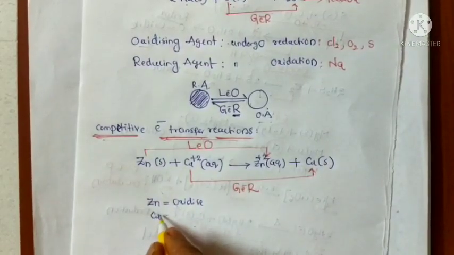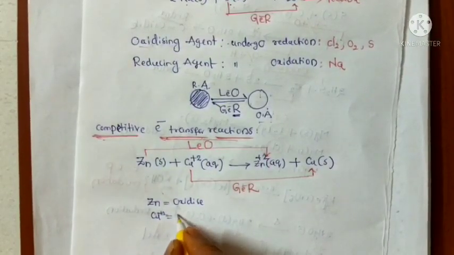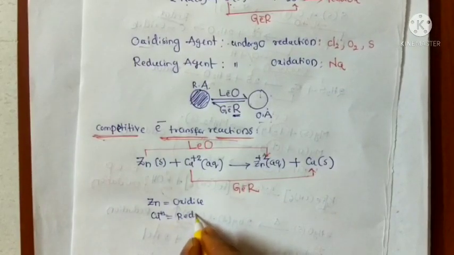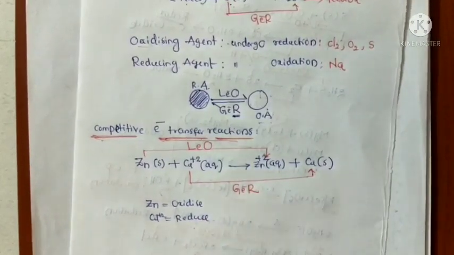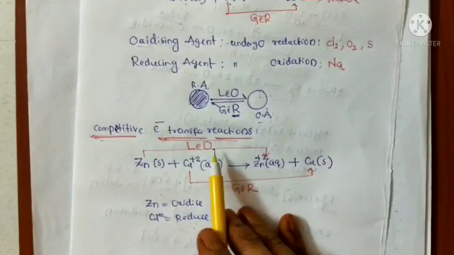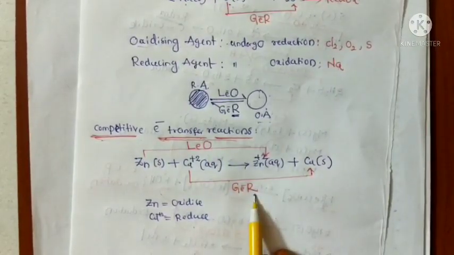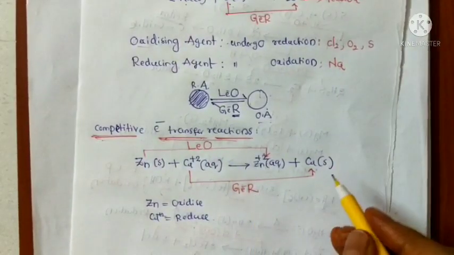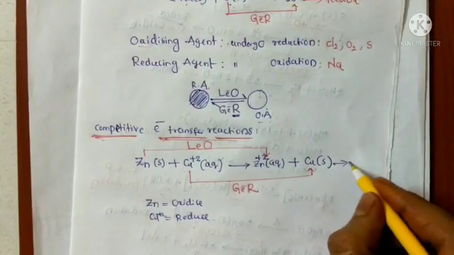Copper plus 2 ions undergo reduction because gaining of electrons takes place. Simultaneously oxidation as well as reduction occur, so this is an example of a redox reaction.